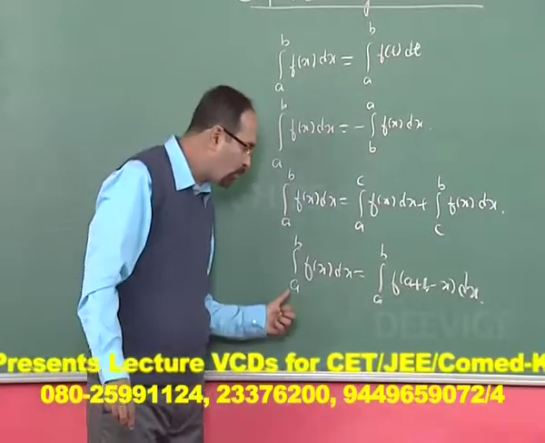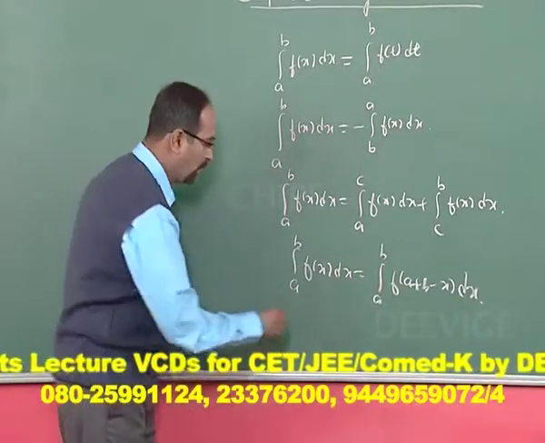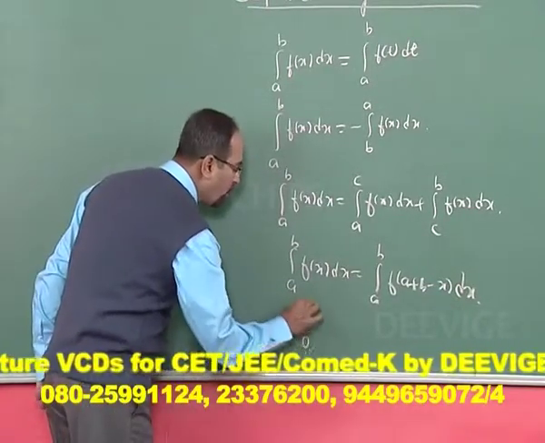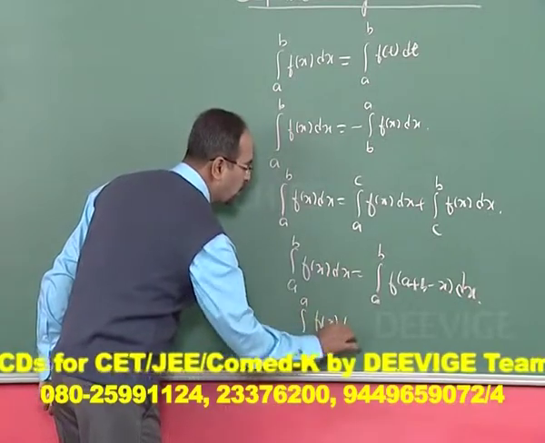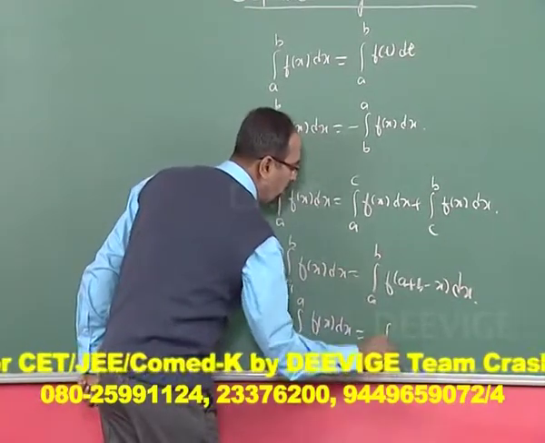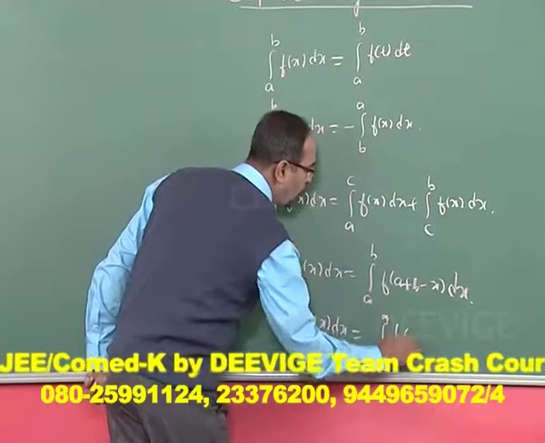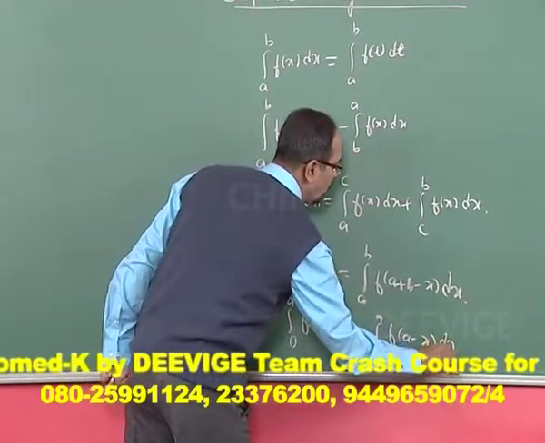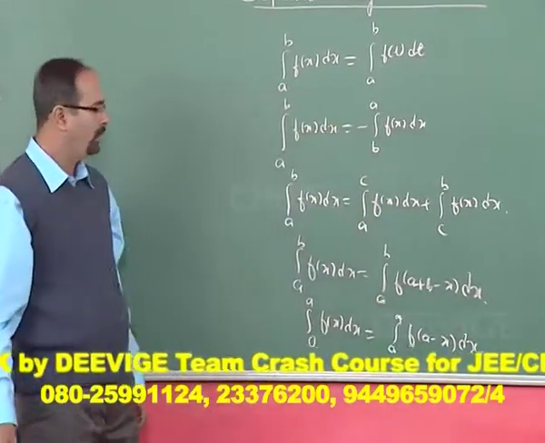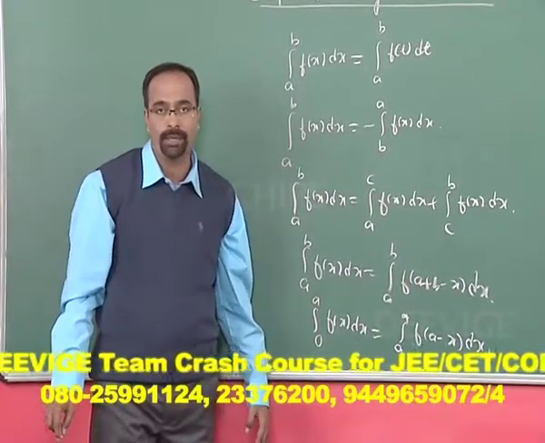And there is one more property which is similar to this, that is integral of 0 to a f of x dx is equal to integral 0 to a f of a minus x dx. These are the first few basic properties.